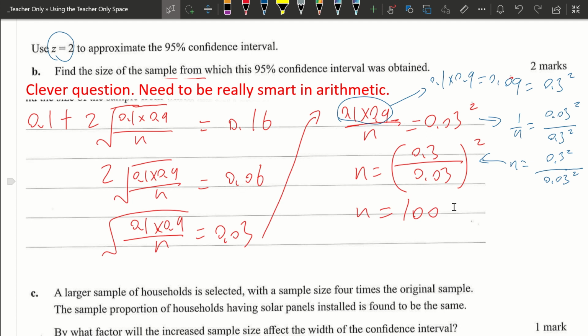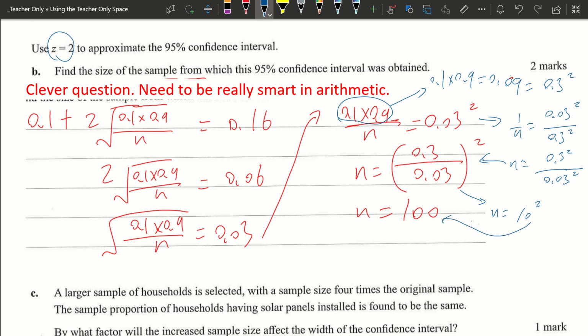What I meant to say is, again, I'm skipping steps. This is 10 squared, hopefully you can see that, because 0.3 divided by 0.03, well, there's a factor of 10 in between. And then we get 100.